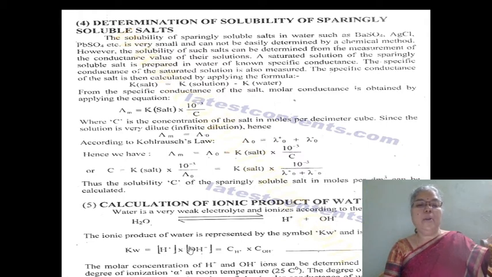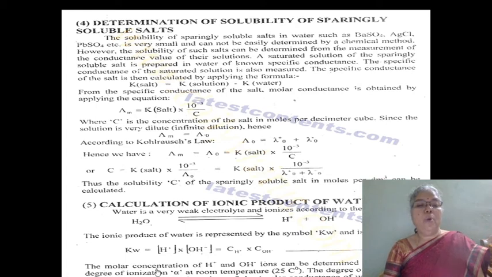The ionic product of water is represented by the symbol Kw, and it is given by Kw equal to the concentration of H plus ion into the concentration of OH minus ion. Here we have used square brackets for the concentration, and here C stands for concentration. These two are the same.